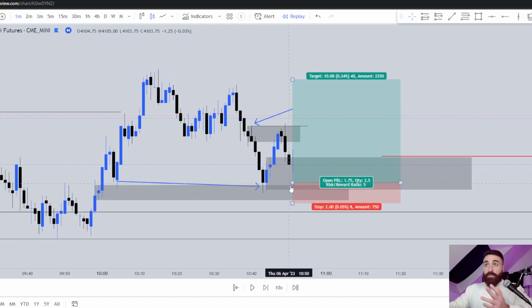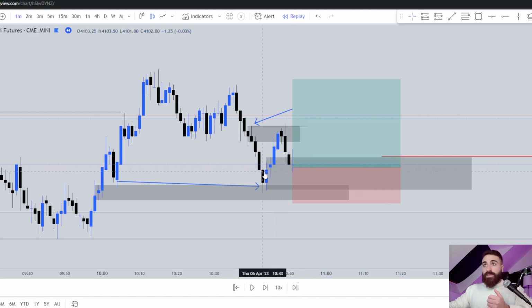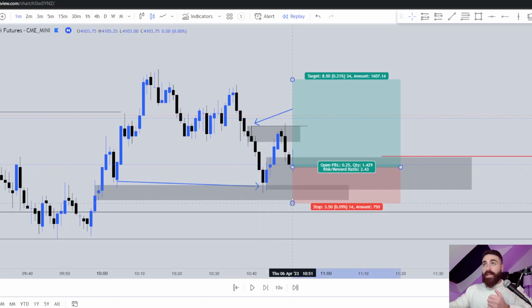So this is up to you. What I did was take it from this area right here and put my stop loss. First of all, I put my stop loss too tight and I got stopped out, and then I re-entered again, but we're gonna see what happened.